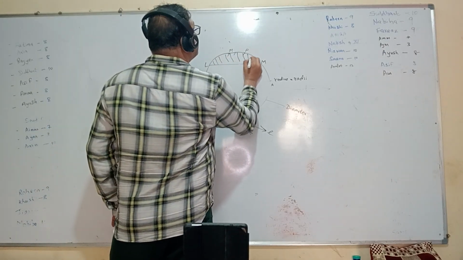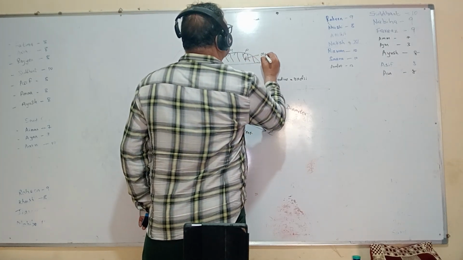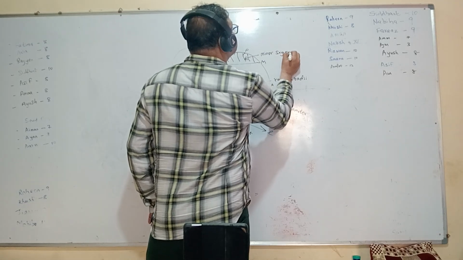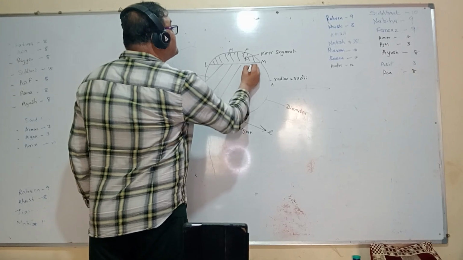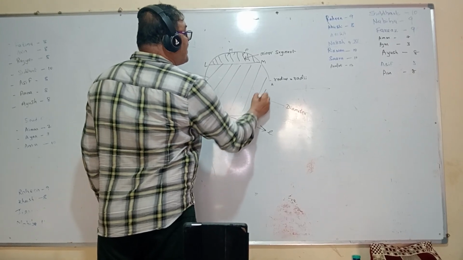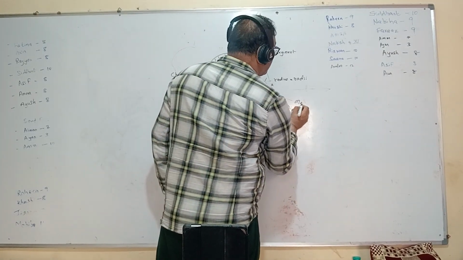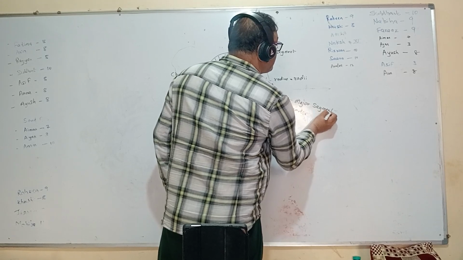It is called a minor segment. And the other part of the circle, which is bigger in area, is called the major segment.